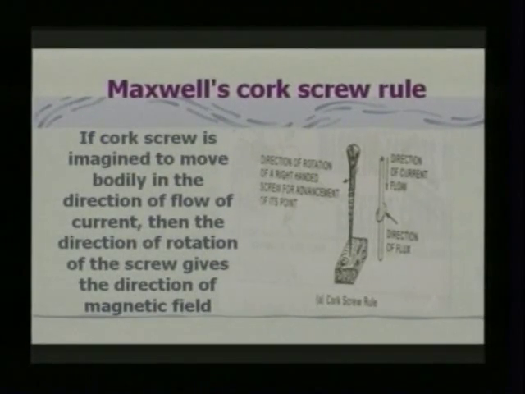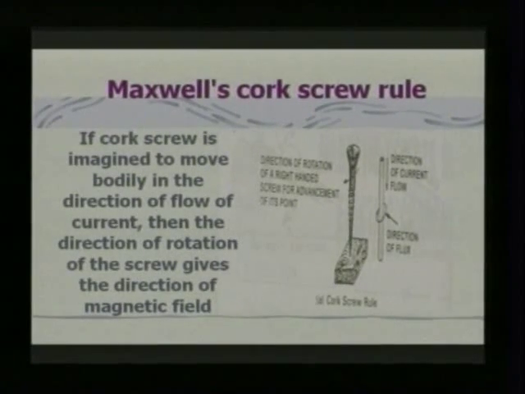Now we will see the direction of magnetic field produced by flow of electric current, and it is given by two rules named Maxwell's corkscrew rule and right hand thumb rule. Now we shall examine Maxwell's corkscrew rule.